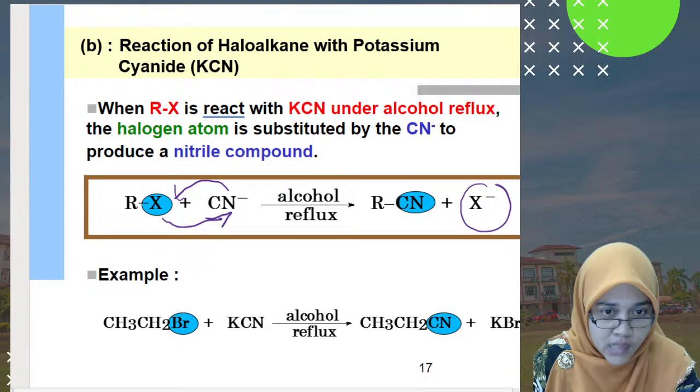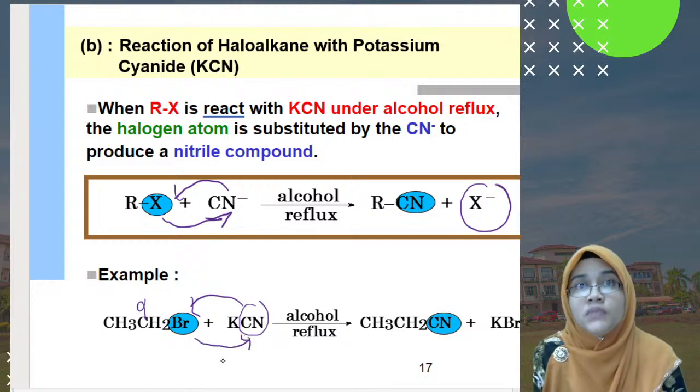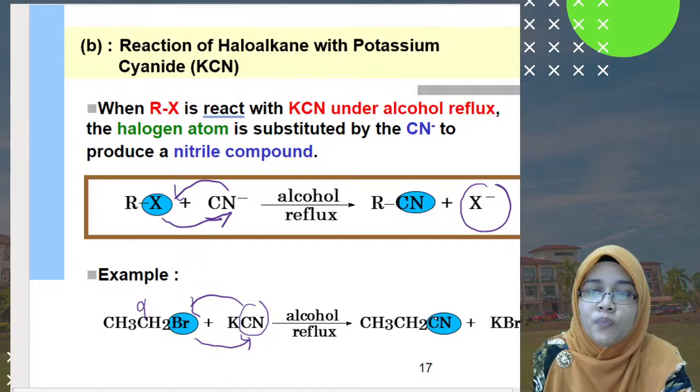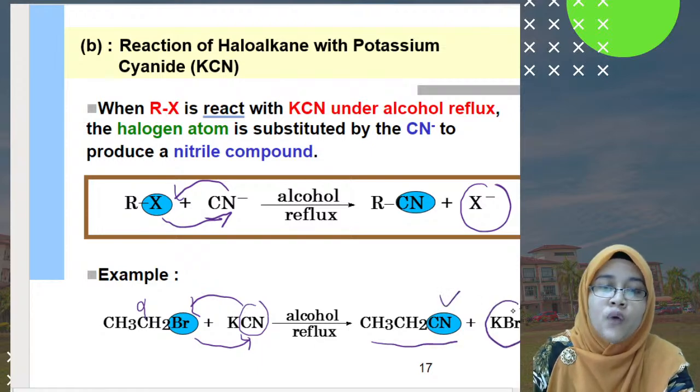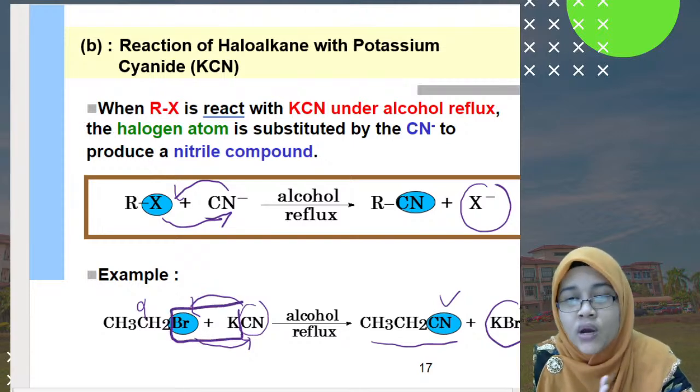Here this is the alpha carbon that holds the bromine. So CN minus will substitute with the bromine, and bromine will be eliminated from the haloalkane itself. Now we have a new product with cyanide, and the byproduct will be KBr.